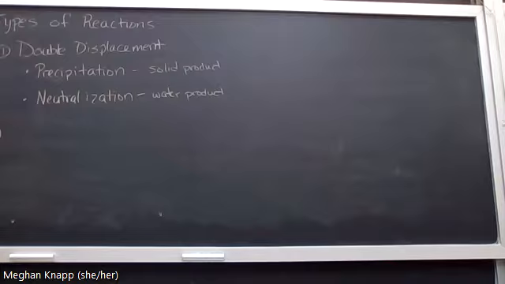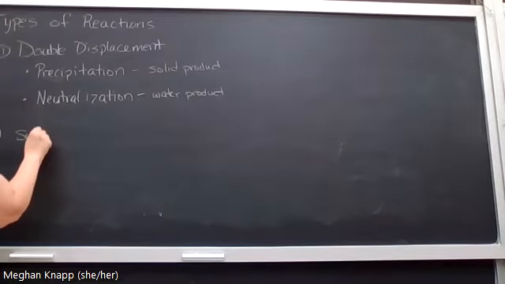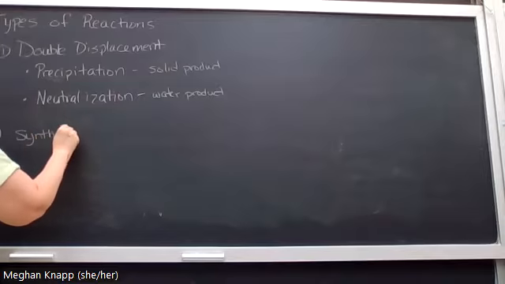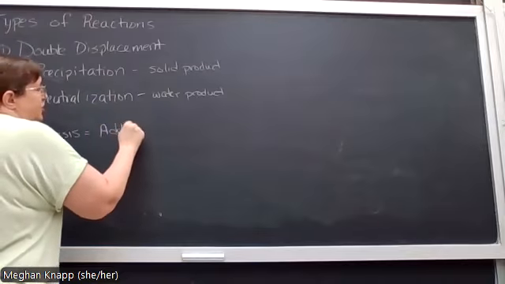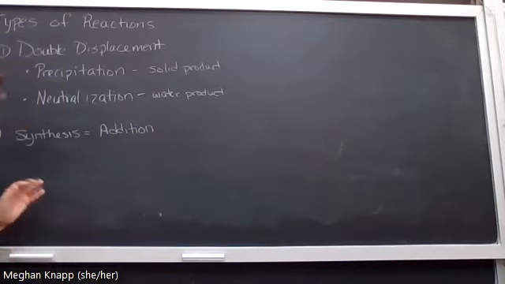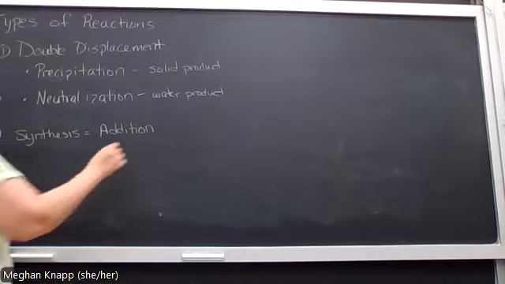One type of reaction is basically you're putting a bunch of different ingredients into a pot and making one chemical. So we call that a synthesis. Or sometimes it's called addition. Those are the most common ways of referring to them. Sometimes you will also see combination.